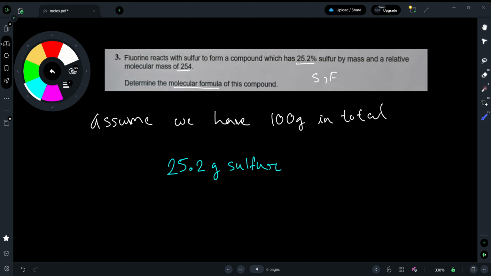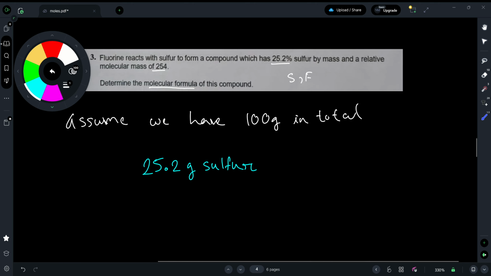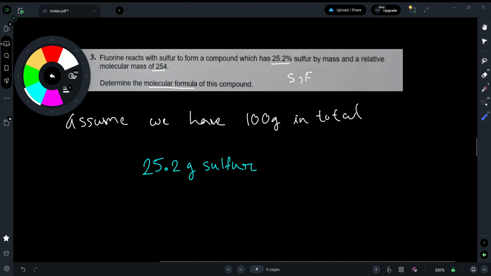And we also know we have 25.2% sulfur. The rest percentage should be the percent of fluorine. So let me take out the calculator. You just subtract 100 minus 25.2, which gives 74.8.